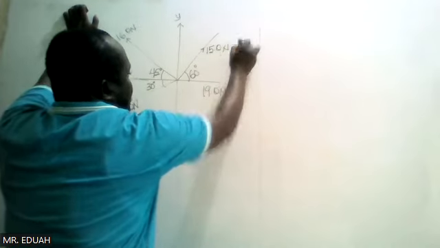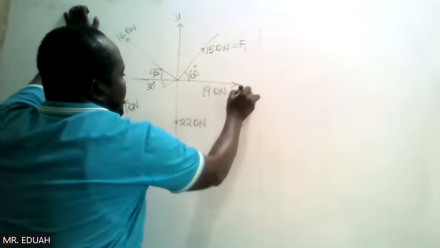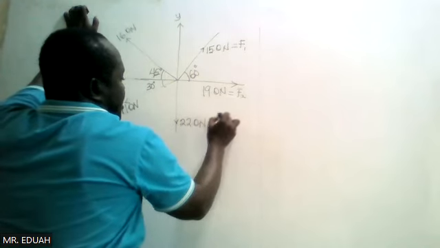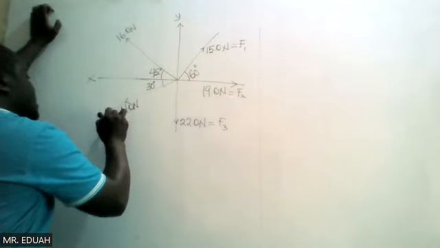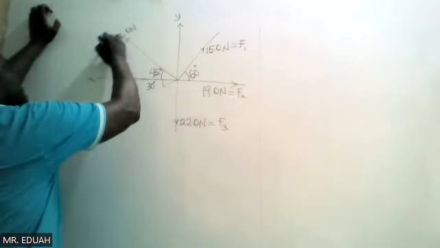So let's take this to be F1, F2, F3, F4, then this is F5.